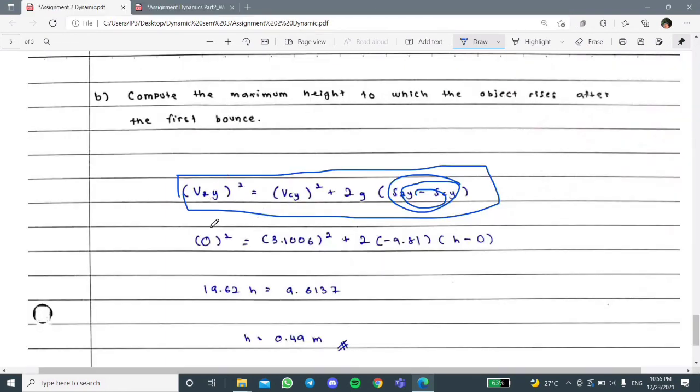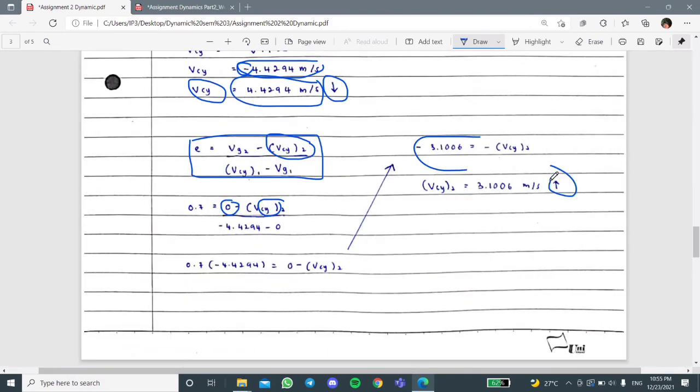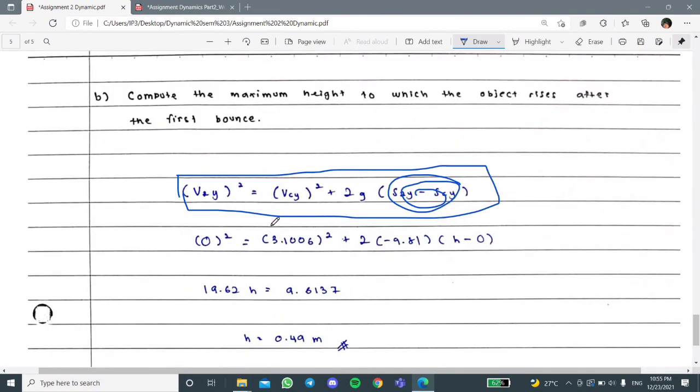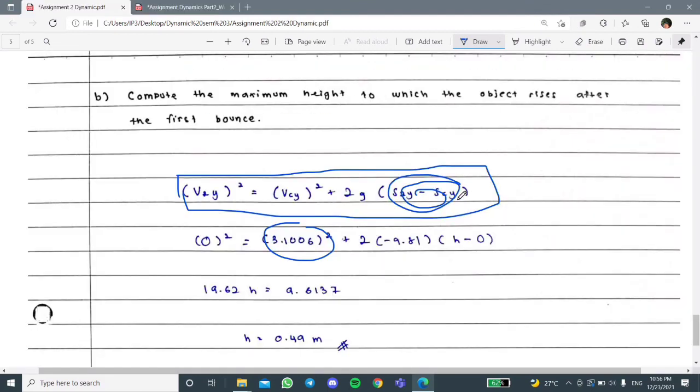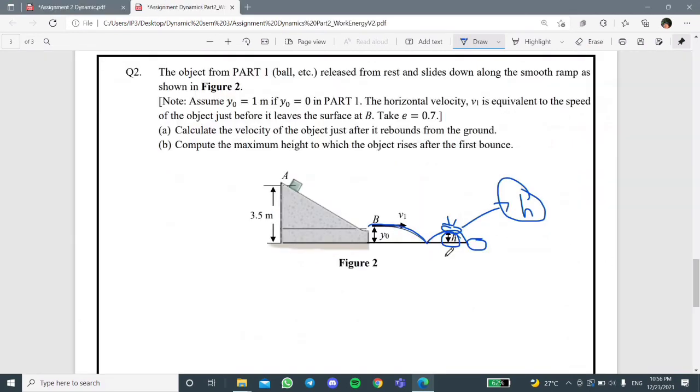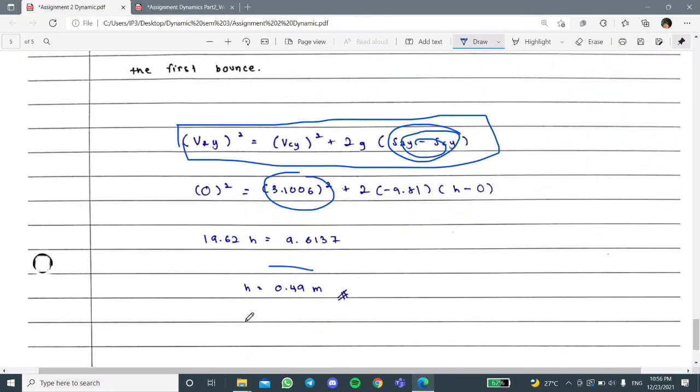And then V2y equal to 0, and VCY we got at question A. We replace it at this place, and then G is negative 9.81, and S2y is this H, and SCY is 0 because it is at the lower point. Then we calculate the height. We got 0.49 meter.